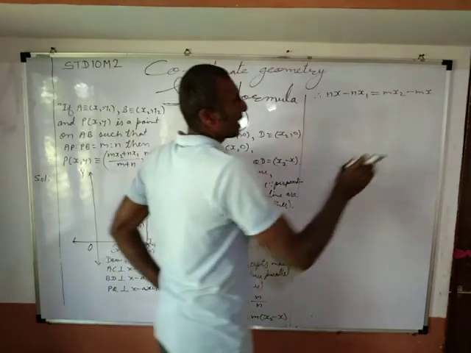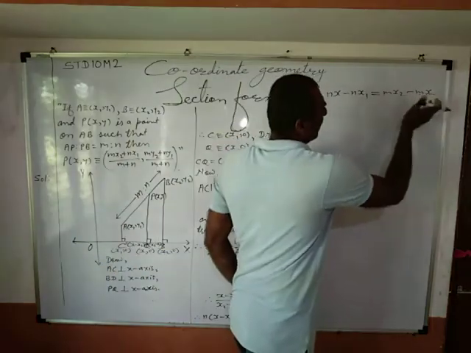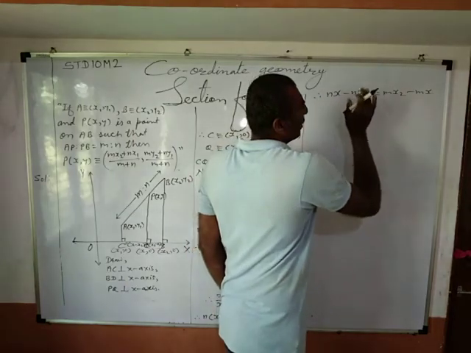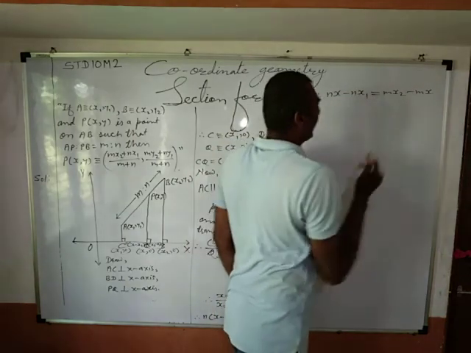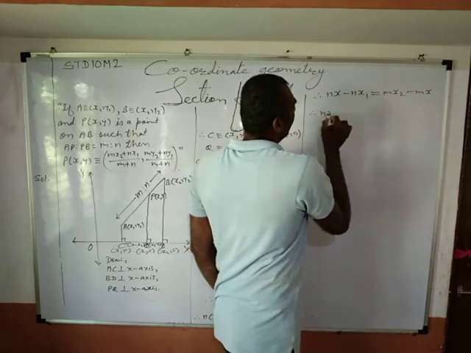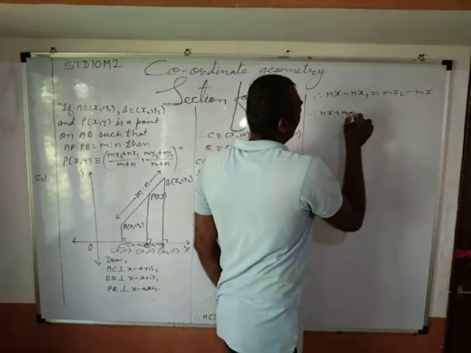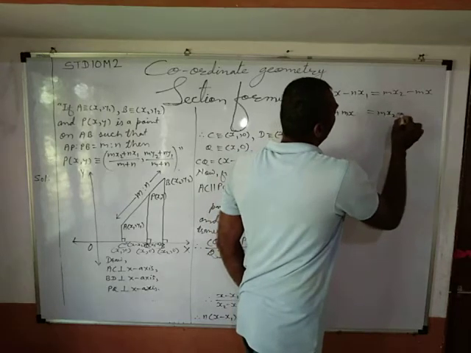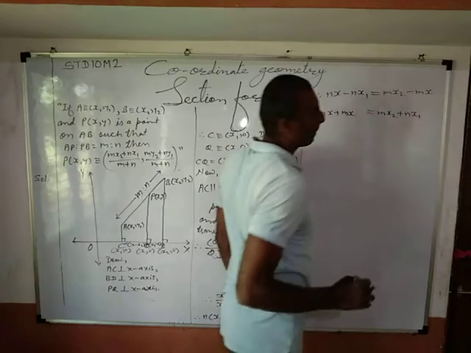Now let's transfer that minus mx from right to left side and minus nx1 from left to right. Therefore, we get nx plus mx equals mx2 plus nx1.